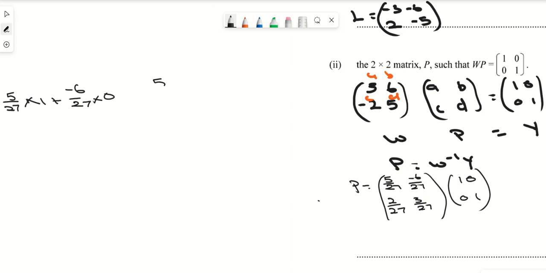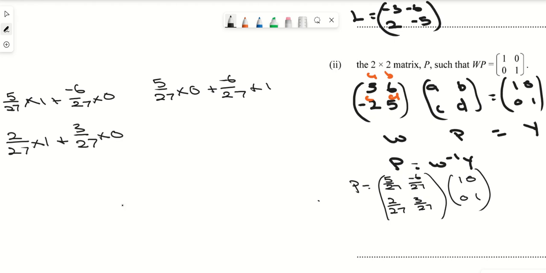So it'll be 5 over 27 multiplied by 0 plus minus 6 over 27 multiplied by 1. And then we have 2 over 27 multiplied by 1 plus 3 over 27 multiplied by 0. And then your next section will be 2 over 27 multiplied by 0 plus, no, sorry, 3 over 27 multiplied by 1.